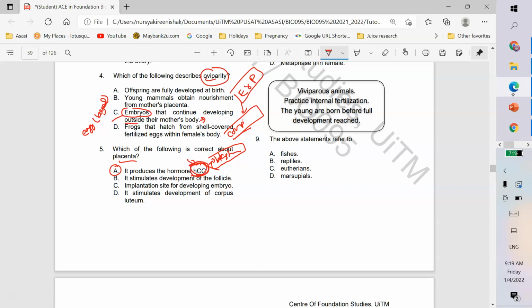Itu kenapa blastocyst menghasilkan HCG. Tapi lama-lama, corpus luteum ni pun akan degenerate. Bila dah degenerate, dia dah musnah. So estrogen and progesterone still kena dihasilkan untuk maintain the pregnancy sepanjang-sepanjang pregnancy tu.